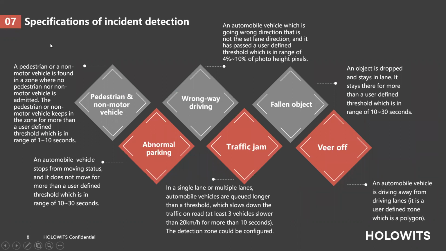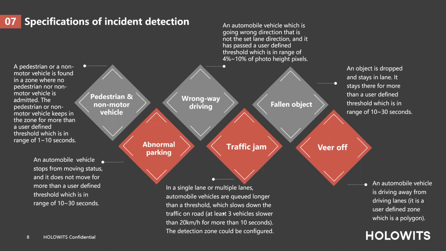So we have all these six algorithms in our ATID algorithms. This is the specification of the incident detection. First, for pedestrian or non-motor vehicles, they stay in a zone for more than a user-defined threshold, in the range of 1 to 10 seconds. You can define this time on your own. For abnormal parking, as I said before, it's in the range of 10 to 30 seconds. For wrong way driving, the threshold is in the range of 4% to 10% of the picture height in pixels.